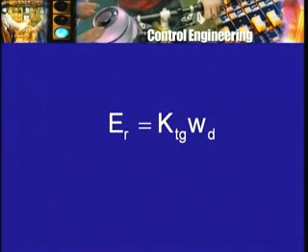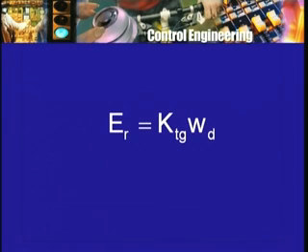Choose it sufficiently higher so that omega m is equal to omega d under the rated or nominal conditions. Or alternately, the tacho generator is such that the tacho generator voltage K tacho generator omega d at the desired speed will be sufficiently smaller than ER, the reference voltage that you may have already chosen.